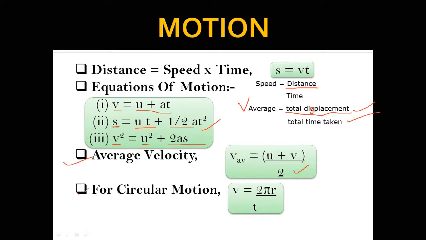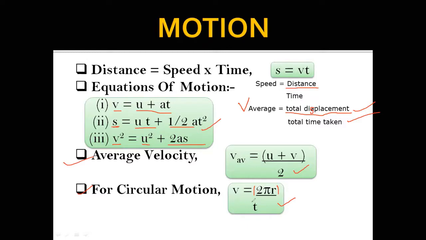Third formula we have for circular motion. If we have to find out the displacement done by the circular motion, or if we have to find the speed of the circular motion, then we have to use this formula. V is equal to 2 pi r divided by t. Here 2 pi r is the perimeter, the circumference of the circle, and t is the time taken.